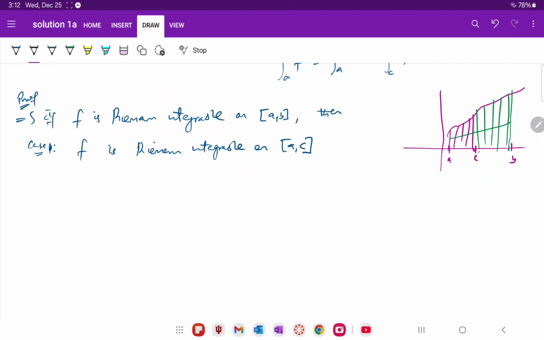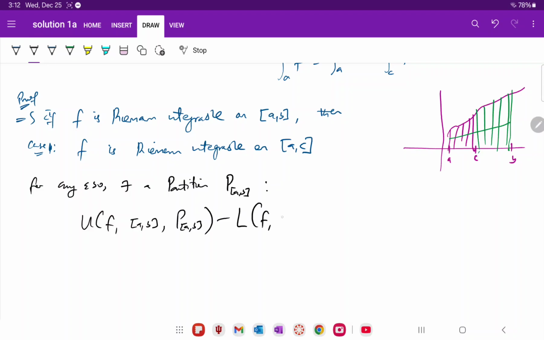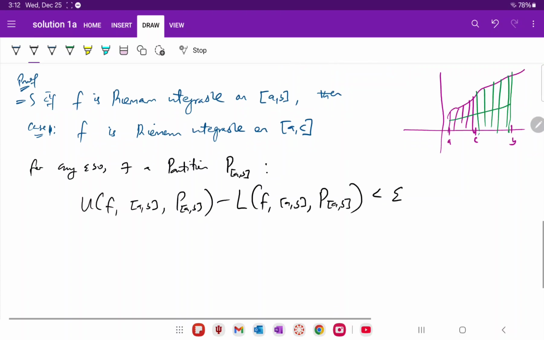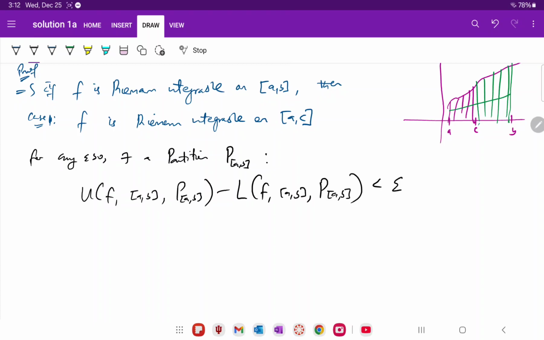For any epsilon greater than 0, there exists a partition P of a, b such that the difference between the upper Riemann sum of a, b and the lower Riemann sum of a, b is less than epsilon, since we assume that f is Riemann integrable on a, b.